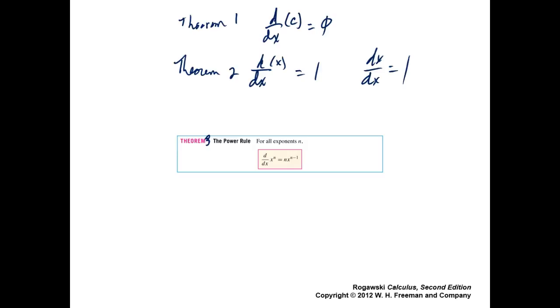For all exponents n, d by dx, and by the way, I never used to call it that, but I was tutoring an Indian student who was a friend of the family, and he had gotten his undergraduate degree in India in computer engineering or something like that. In India and Europe and most places you don't have lots of little tests. You take one big test at the end of your program of study and you pass or fail.